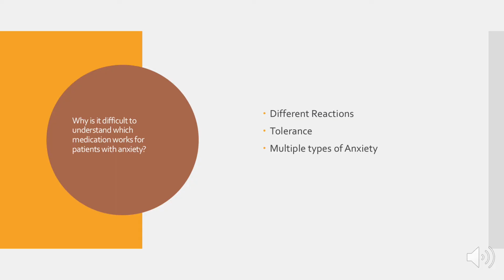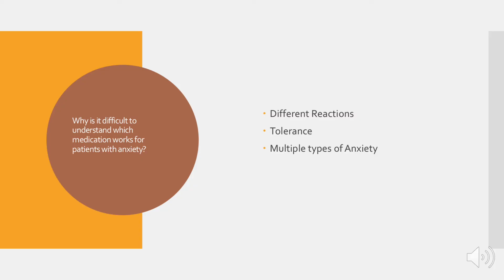Another reason is that there are many ways in which a person can have anxiety. Some have mild anxiety, and others might have really bad anxiety. So there's more than one type, and what may give you anxiety is maybe not somebody else's reason.